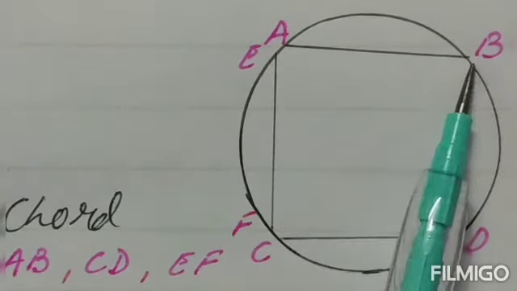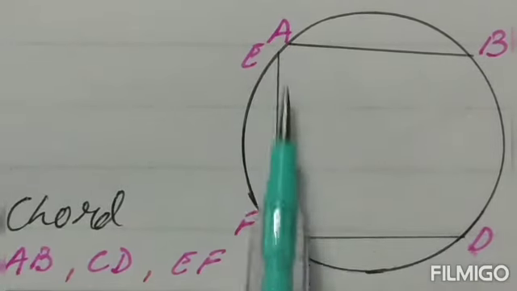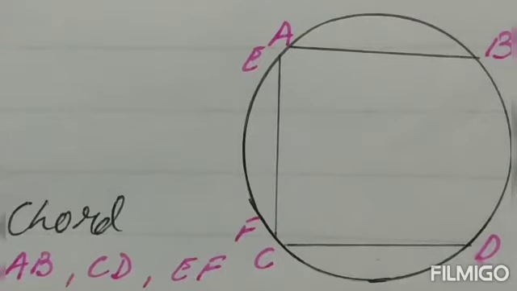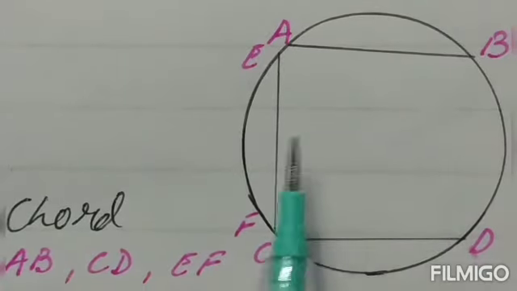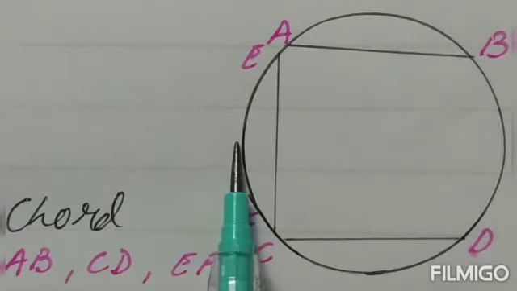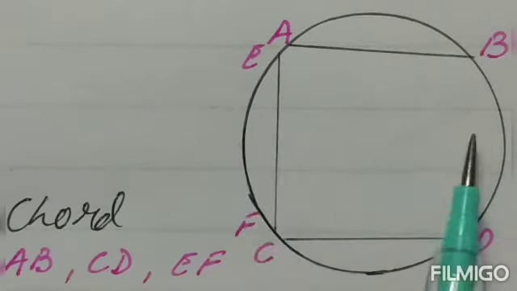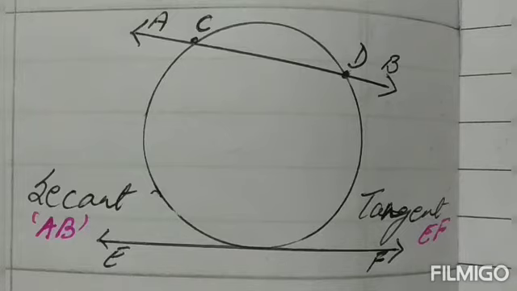Now AB is a chord, you can see CD is a chord, even EF is a chord. And if this chord is passing through the center, children, and then reaching the circumference on both the sides, then it is known as the diameter. So diameter is actually the longest chord that can be drawn in any circle.